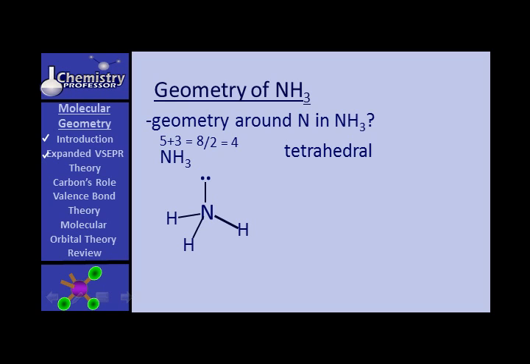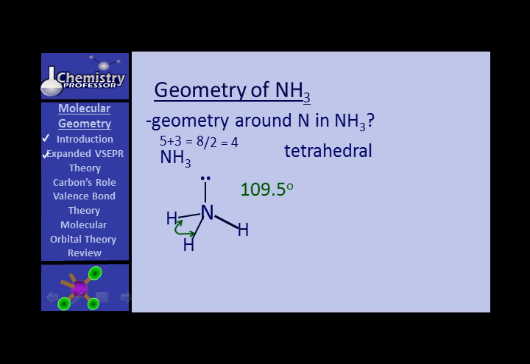What does this look like? It looks like this. We have a tetrahedron. We have hydrogen at 3 of the points of the tetrahedron and a pair of unshared electrons at the 4th point. The bond angles in an ideal world are 109.5 degrees. They're probably a little off of that due to the presence of the unshared pair of electrons, which occupy a larger volume.